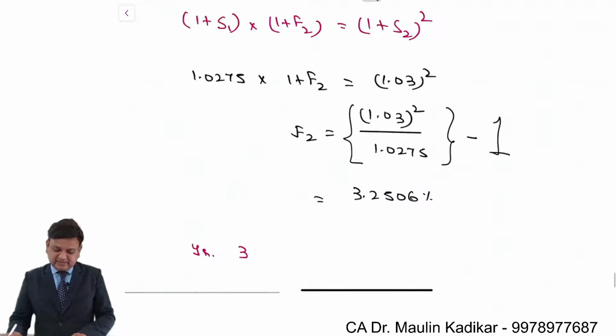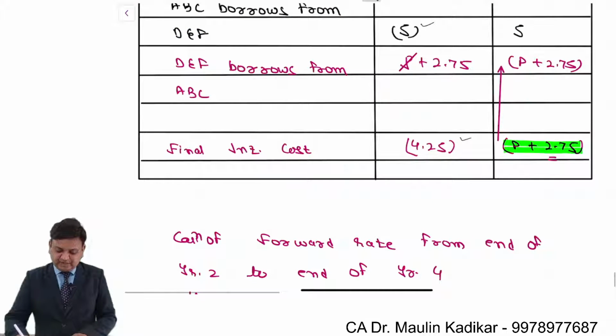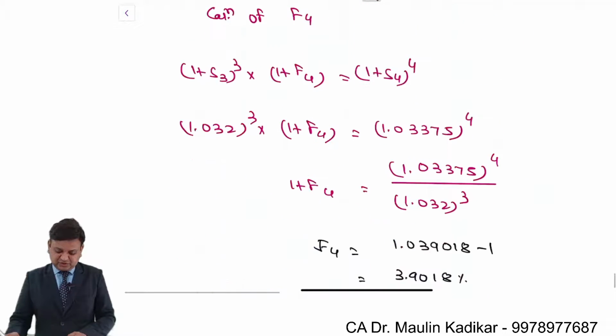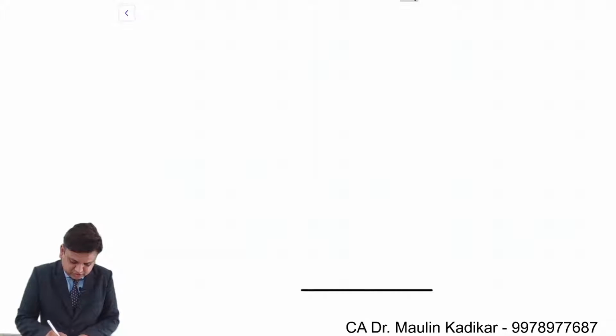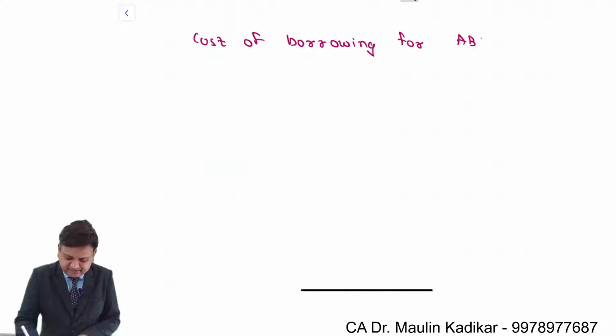So as far as the ABC company is concerned, the cost of borrowing will be same 4.25%. So cost of borrowing for ABC is 4.25% per annum.